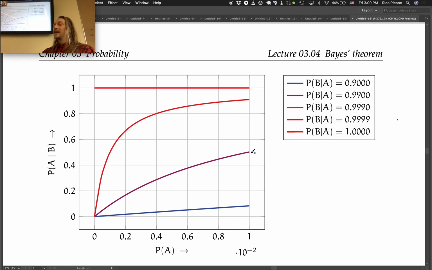So 99.9 is not very good for something that's rare. 99% sounds decent, but in fact is, 90% is the slowest curve, I guess.